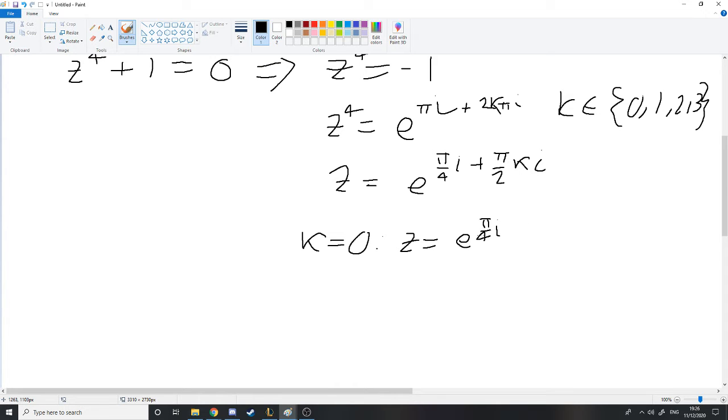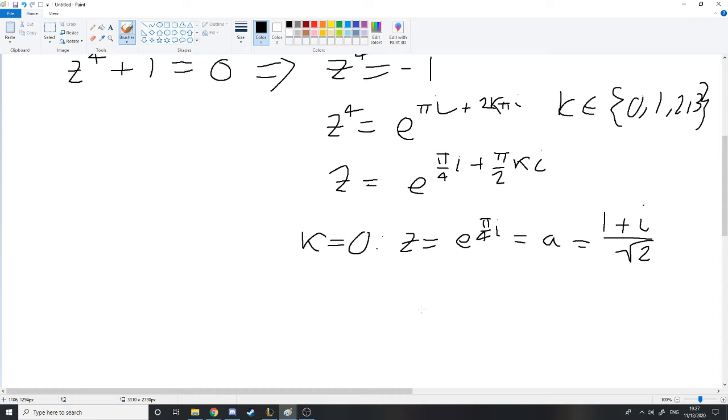Let's call this root A, and it is equal to 1 plus i over root 2, rationalizing the denominator.